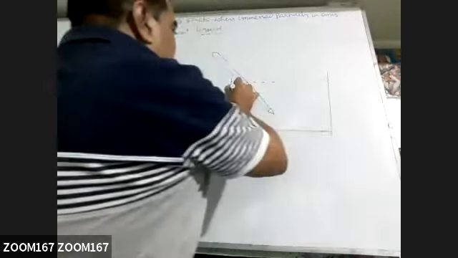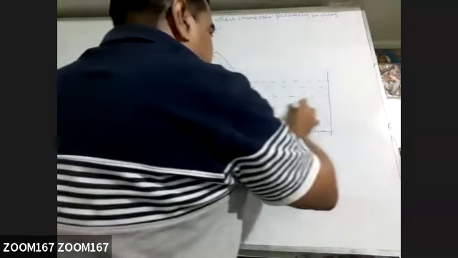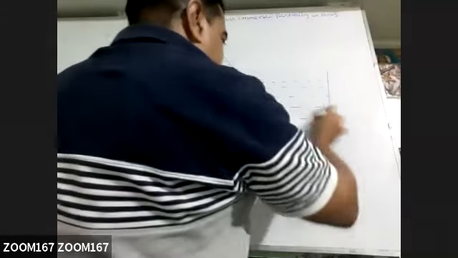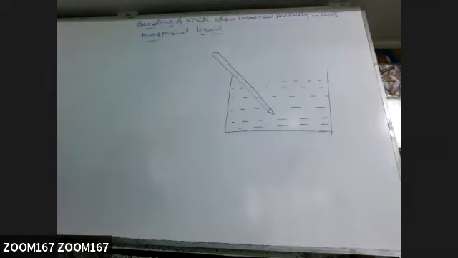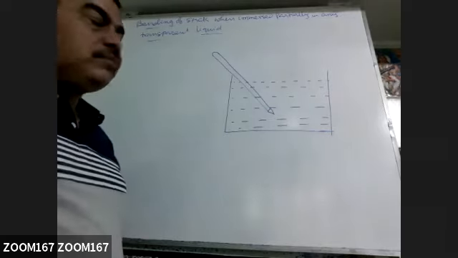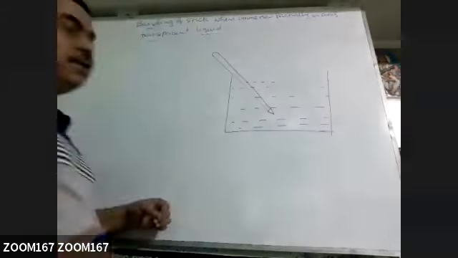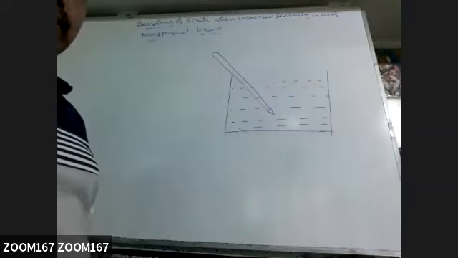So this is what we do. So when it is viewed from this place, this part of the pencil will appear bent.